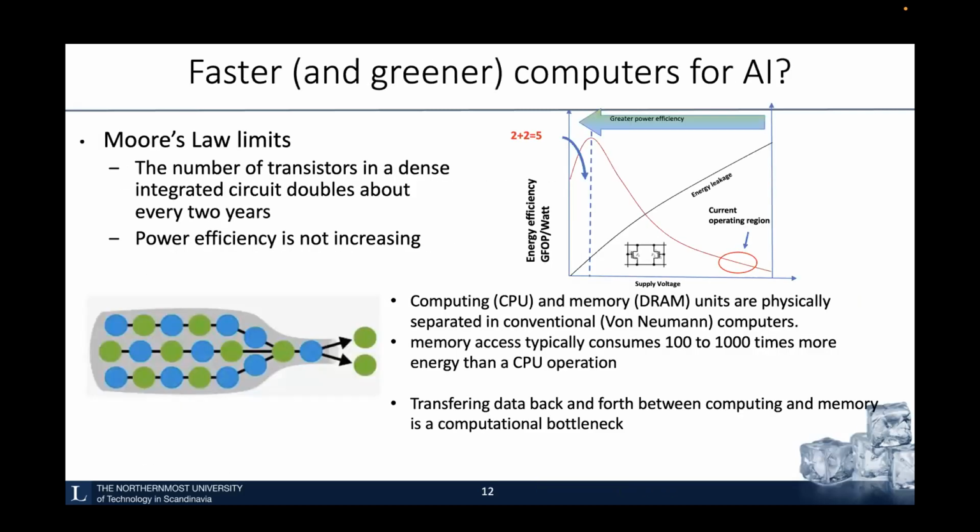Let me come to this slide over here. Again, I'm maybe not an expert in really low-level electronics, but on a level that is sufficient to me, I think the main problem with the current technology is that, first of all, we cannot minimize the size to infinity, basically. So there are physical limitations on the size of the transistors.